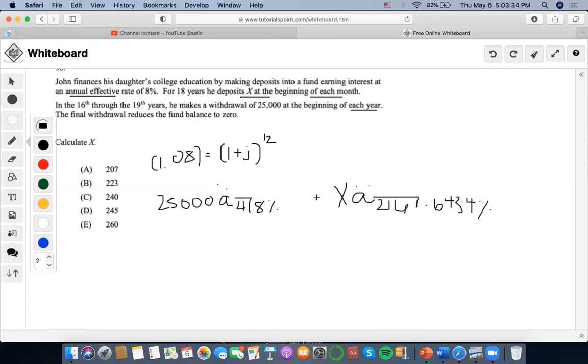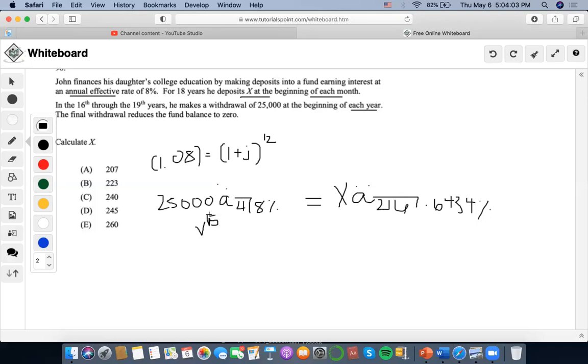So we're going to set both of these equal to each other, but these withdrawals occurring between the 16th and 19th years also have to be discounted back 15 years, so that it can be equal to the present value of what we're depositing.